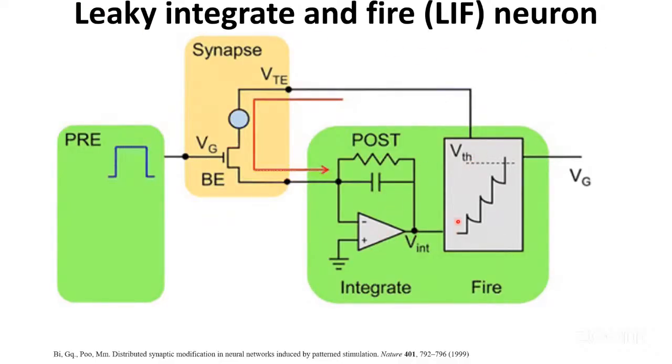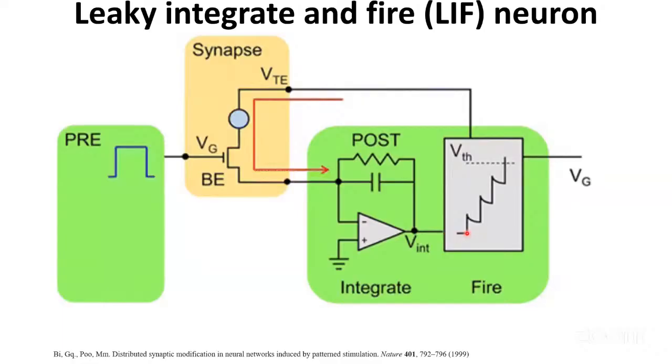So if you see here, this will generate an output like this, and the output will go towards the resting state, and then go again towards the resting state. And if the spike comes, then there will be some current that will flow here, and the current will increase the potential of this particular output, and this is called membrane potential.